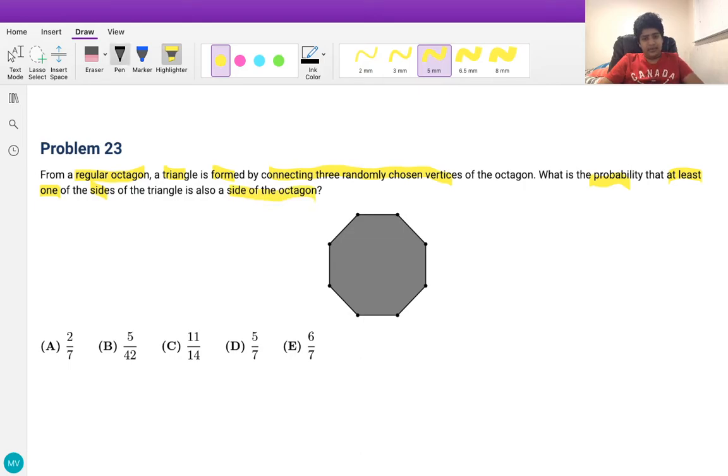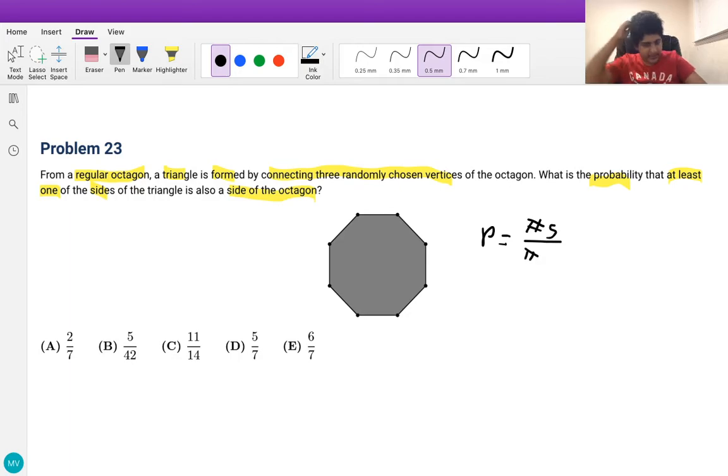So this is going to be a lot easier with complementary counting. Again, we know that probability is just number of successes over number of total. And here it's a lot easier to use complementary probability, which is just 1 minus failures divided by number of total, since number of failures and number of successes add to 1.